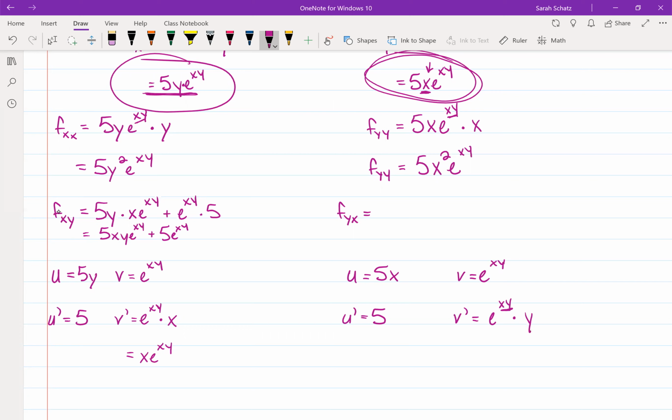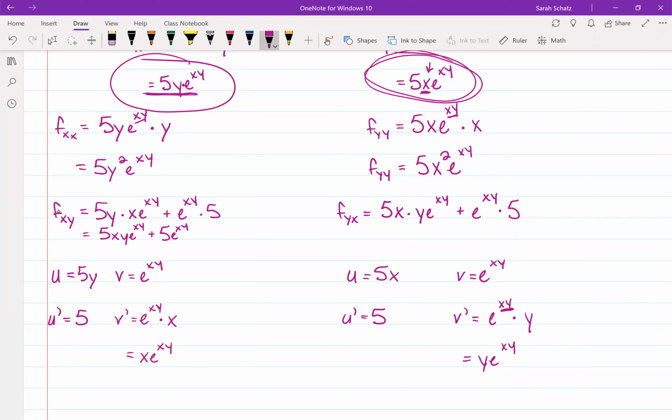Because remember, with respect to x, the coefficient comes down and it's just a y. So this time I get y e to the xy for dv. Let's put it together. So I have u times dv, which is y e to the xy, plus, sorry, v, which is e to the xy, times du, which is just 5.